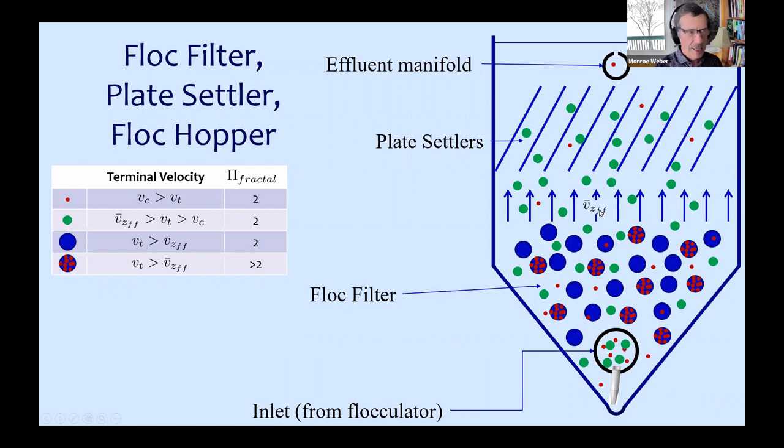So can you tell me what would be happening inside this system that would make the concentration in this region, where all the vertical arrows are here, above the flock filter and below the plate settlers, go up? And do you remember what the concentration of particles is in this region?